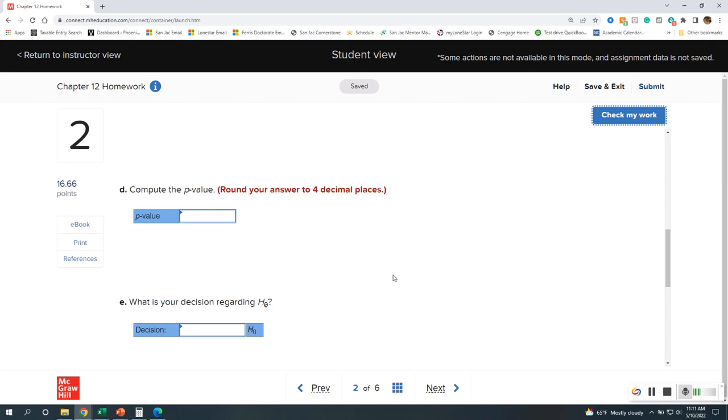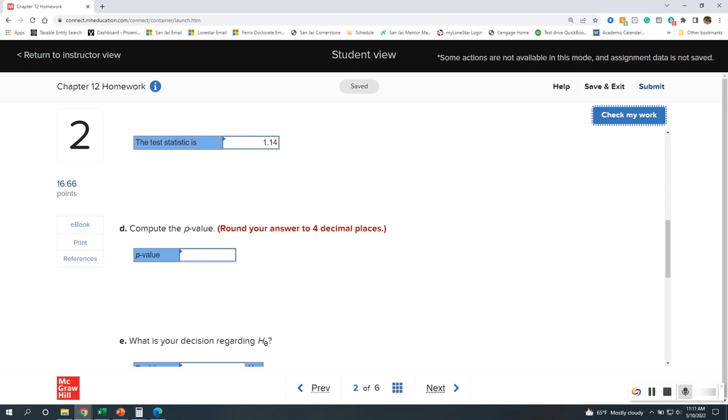Now it's got to compute the p-value. Alright, so again, we can use statistical software, or we can look up an actual p-value calculator.